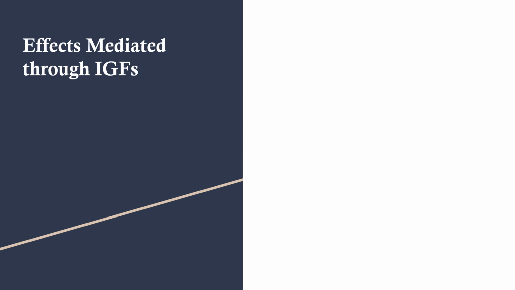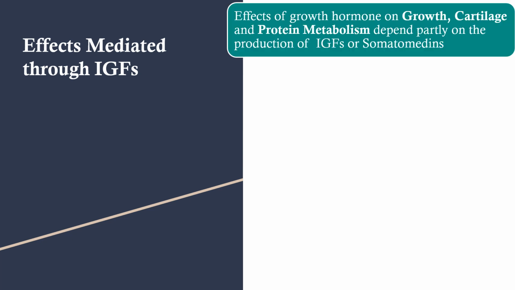Effects that are mediated through the insulin-like growth factor. The effects of growth hormone on growth, cartilage, and protein metabolism depend partly on the production of insulin-like growth factor, which is also called somatomedin C. They are found to mediate the somatic effect of growth hormone.